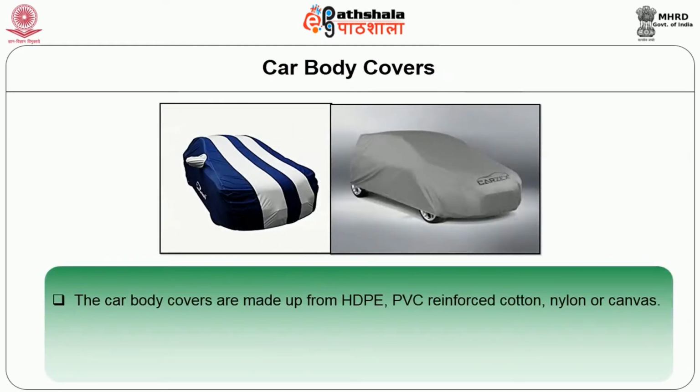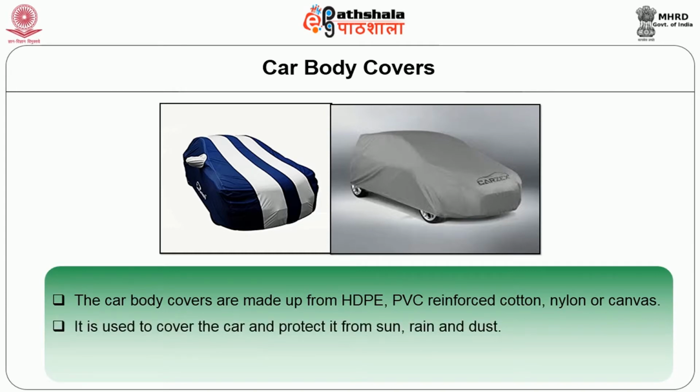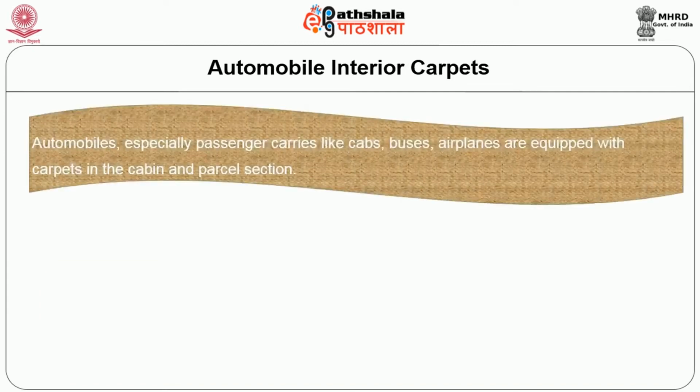The next aspect is car body covers, which are made from HDPE, PVC, reinforced cotton, nylon or canvas. It is used to cover the car and protect it from sun, rain and dust. Its price ranges from Rs 600 to 1100. The next one is automobile interior carpets.